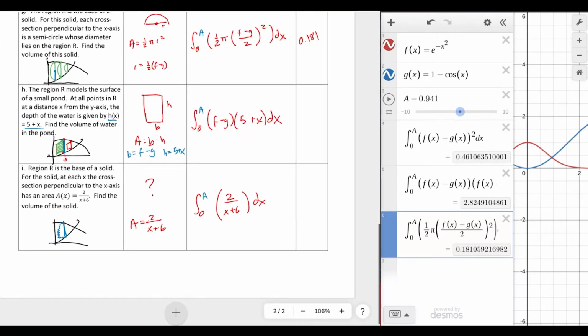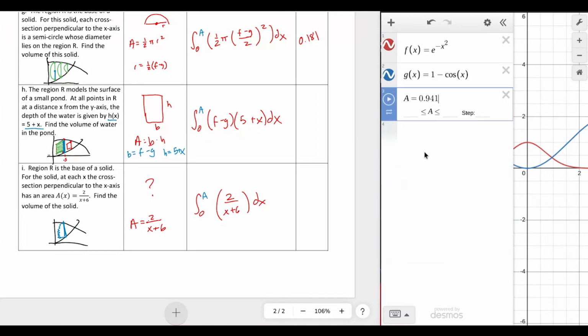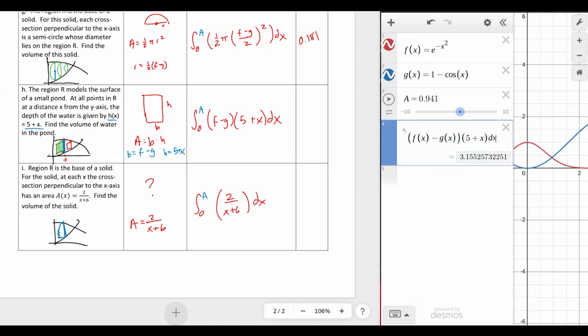You know what? I didn't type in the last problem, or this one. We'll get a 2 for 1 here. So let's see what this first one will be. All right, we got 3.155.